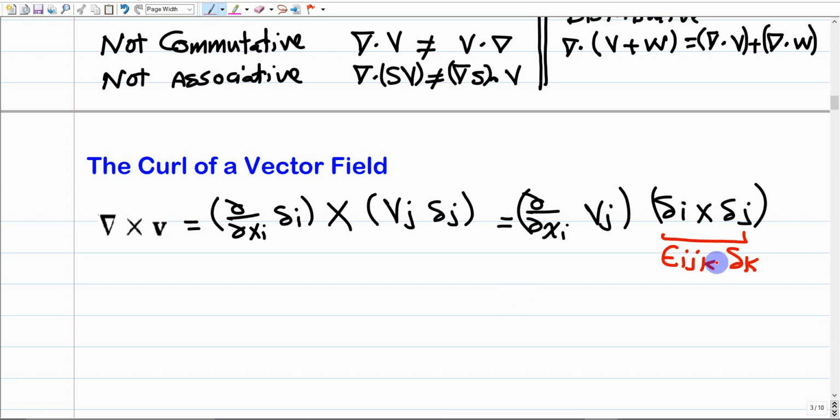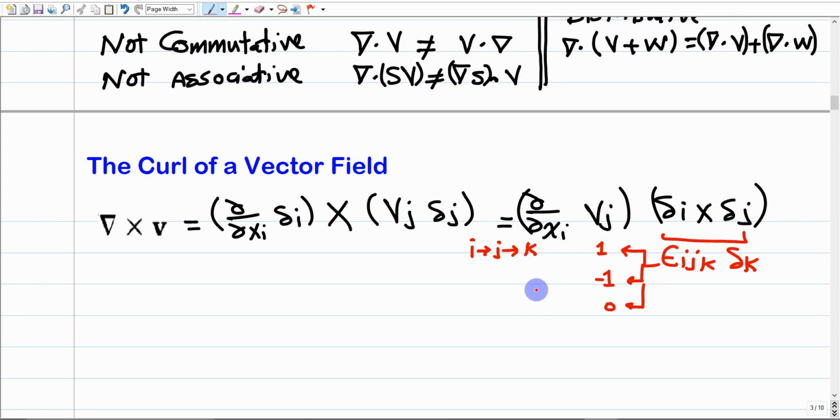Make sense? This is the permutation parameter, and if you remember, this one would be either 1, -1, or 0, right? Depending on what? Depending on the order of these indices. In case we have I, then J, then K, this epsilon should be 1.